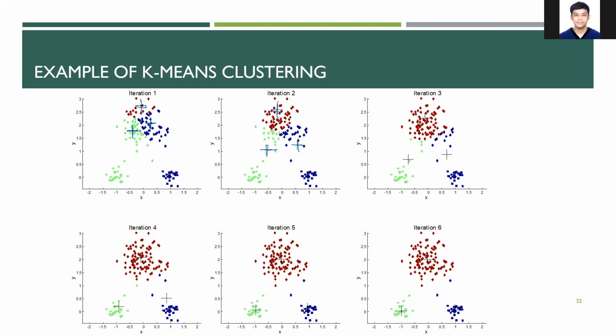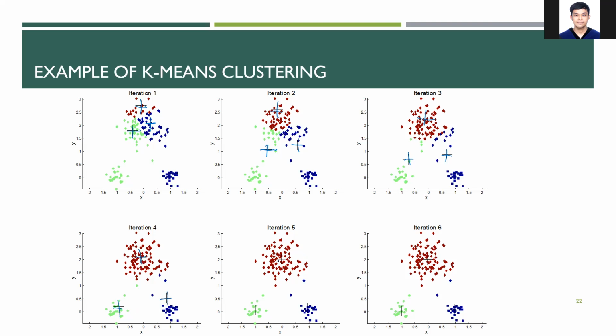Then we update it, and assign each data point again to the nearest cluster, and then we update again. So in iteration 3 the centroid moves again. We assign again to the nearest one, and it always moves like this.